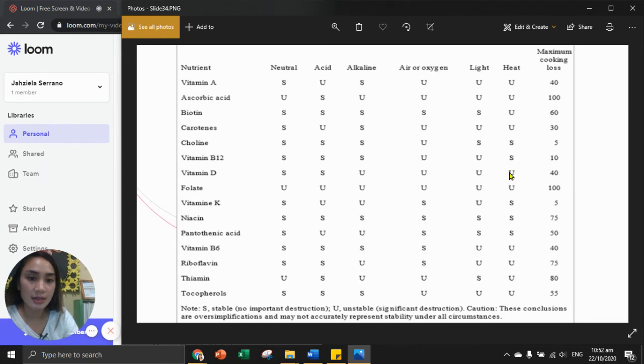Unstable siya sa heat. However, ang vitamin K, stable siya. And then from vitamin B6, riboflavin, thiamine, tocopherols, vitamin E, unstable na siya sa heat. So ito din, just a note, babalik ako sa vitamin C. If you look, karamihan sa kanila ay U.